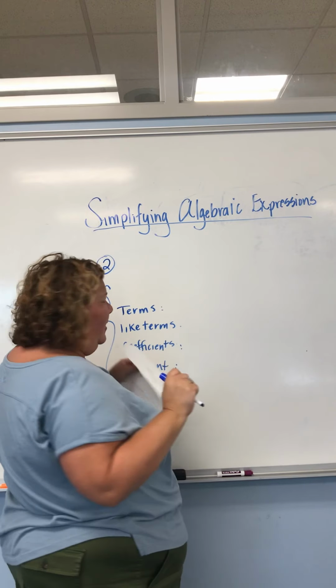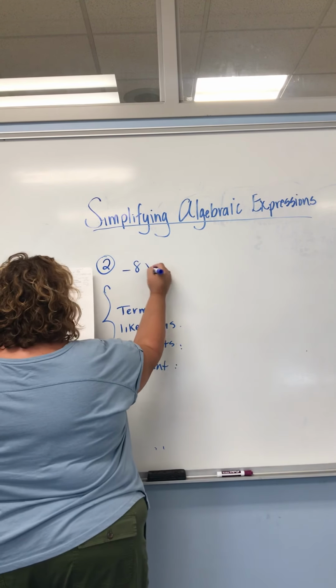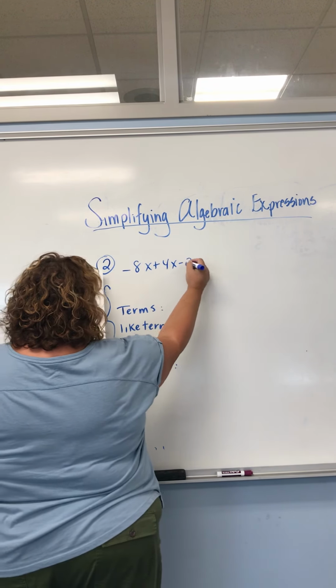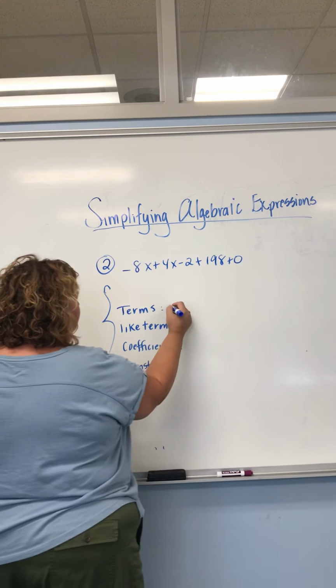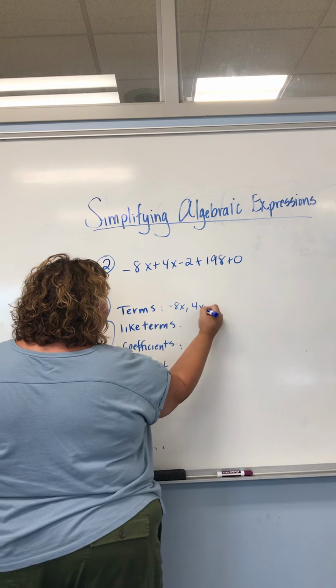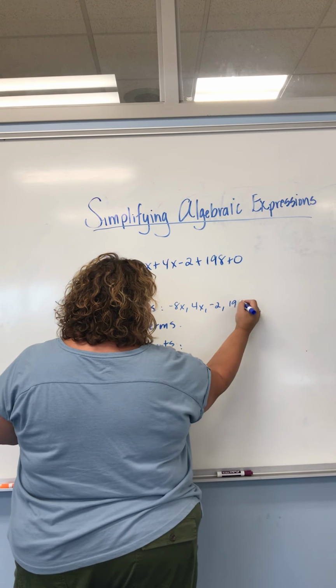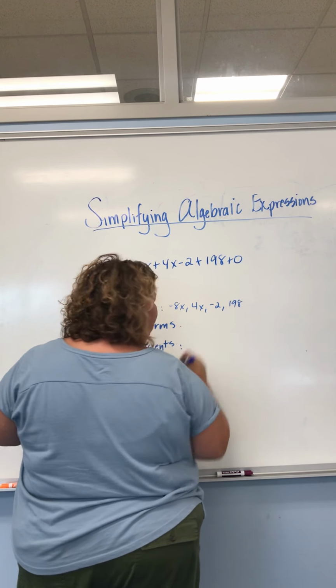All right, welcome back. Number 2. Negative 8x plus 4x minus 2 plus 198 plus 0. Terms: negative 8x, 4x, negative 2, 198, and 0. Do I need the 0?